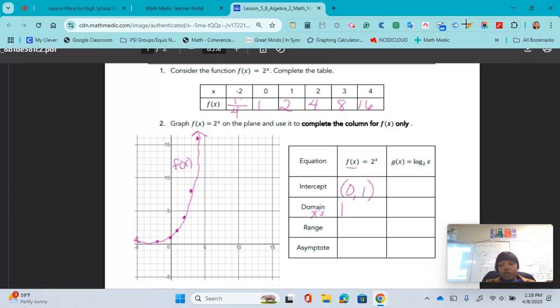So that is all real numbers, and we can represent it by this R. The range, if the domain is our x, the range is our y's, which goes up and down. This graph does not go lower than what y value? 0. It gets closer and closer to 0, but it will never cross 0. So the range, which is our y value, is all real numbers greater than 0.